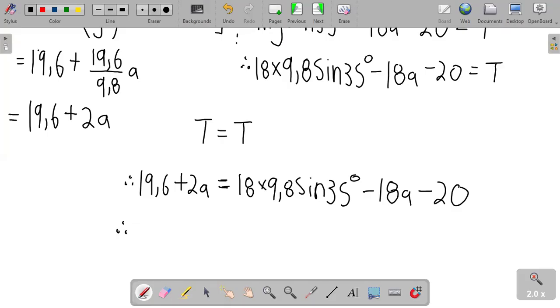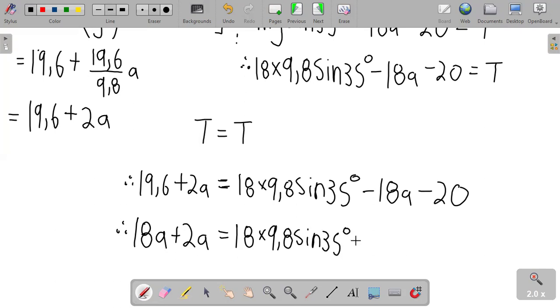So it's going to be 18A plus 2A equals 18 multiplied by 9.8 sine 35 degrees minus 19.6 minus 20.